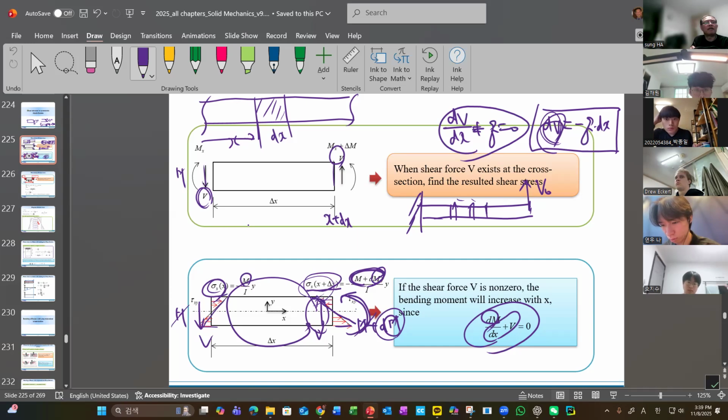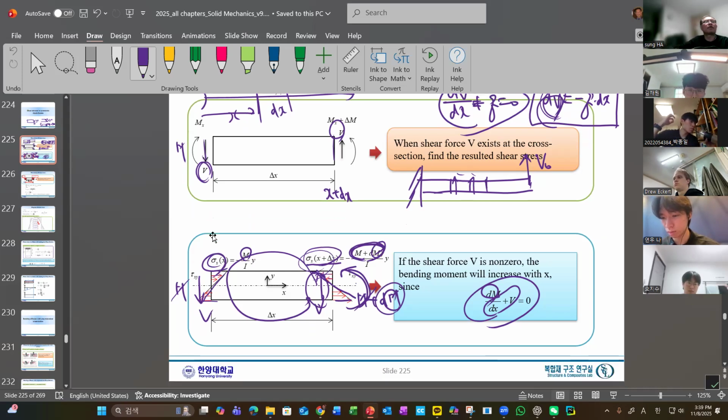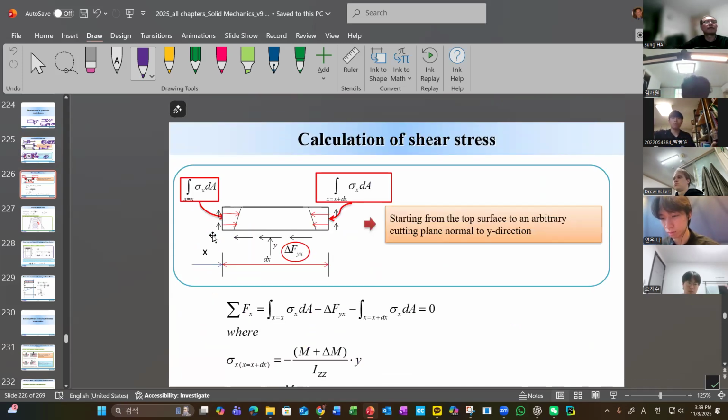We have a little larger stress here on the right-hand side than on the left-hand side. Okay. Now, what will happen here? I will just draw here. We have a little bit like this, and like that.